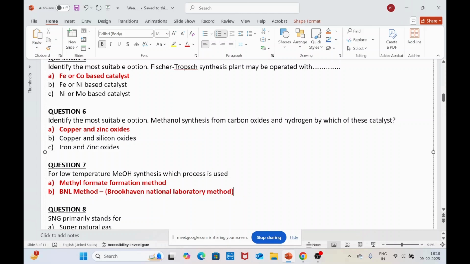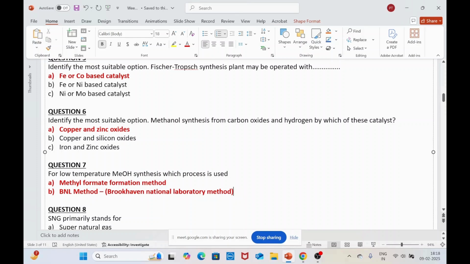Difference between conventional and a low temperature methanol synthesis method. So one is the temperature and another one is the pressure.